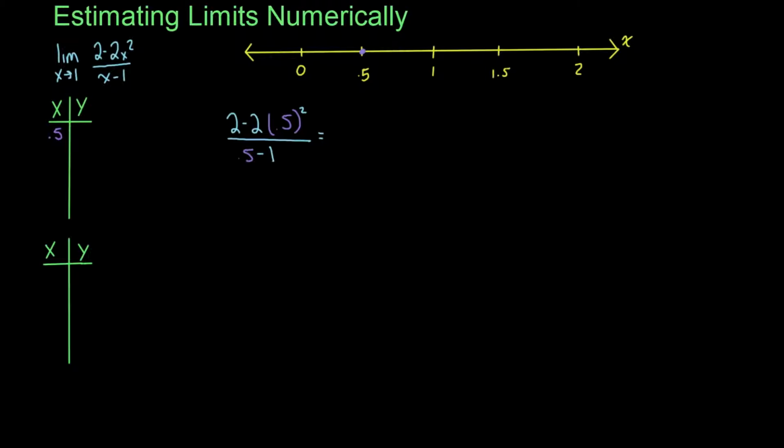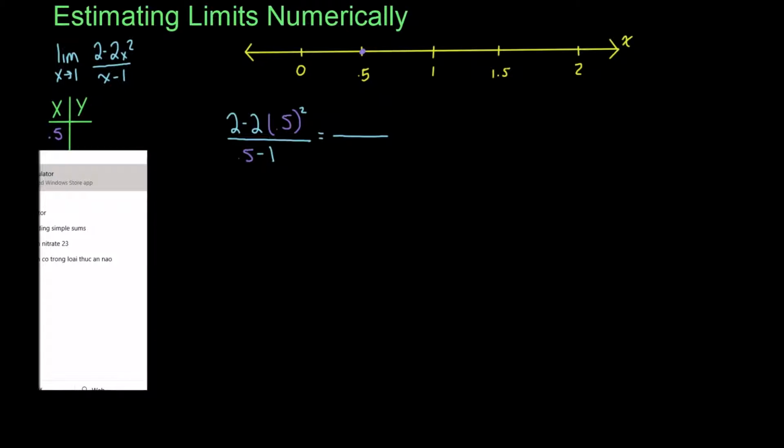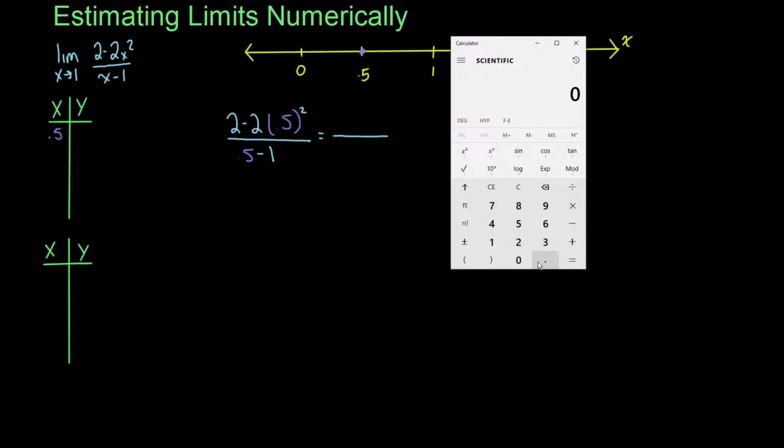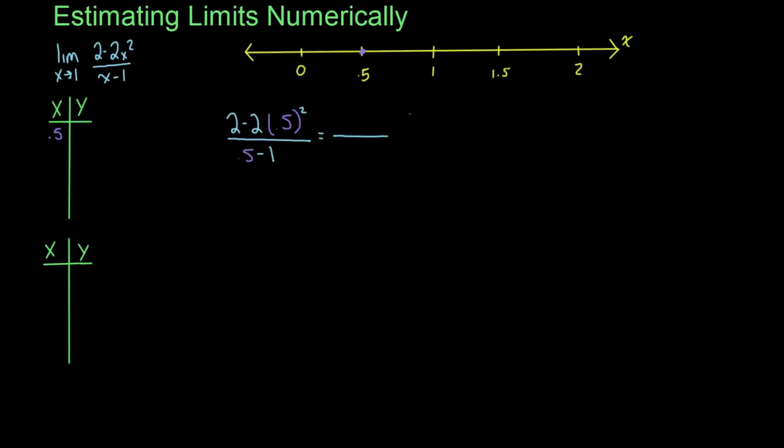If you don't know these numbers by heart, you can always just break out a calculator. So we want to know what 0.5 squared is. That's 0.25. And we're doing that 0.25 times 2, which is 0.5. So we know we have 2 minus 0.5 here. Then we have this 0.5 minus 1, which is -0.5. And again, it's okay if you can't do these in your head.